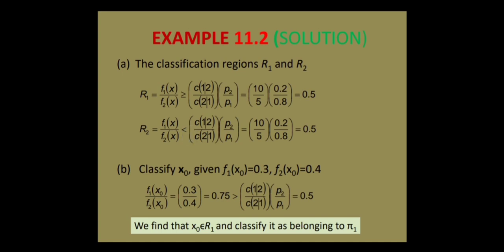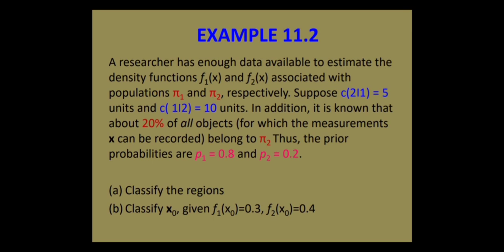Okay, and then dia kata classify x0, which is the new observation ataupun new object, given that f1 x0 is 0.3 and f2 x0 is 0.4.